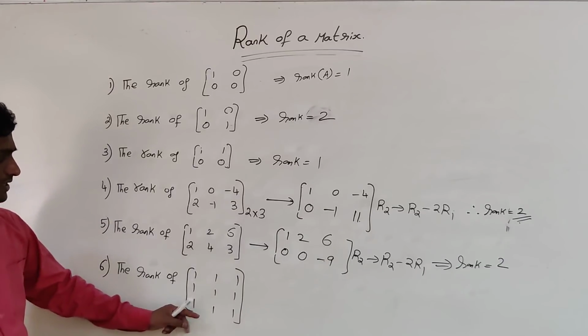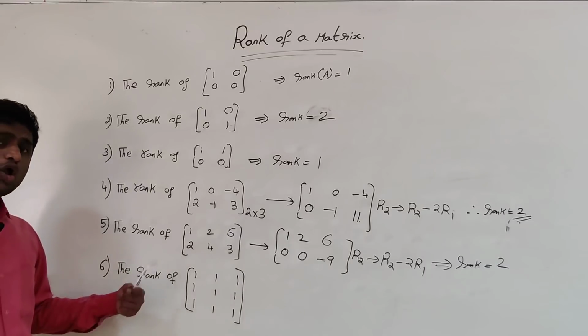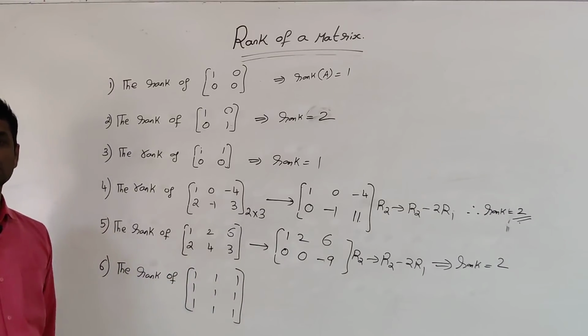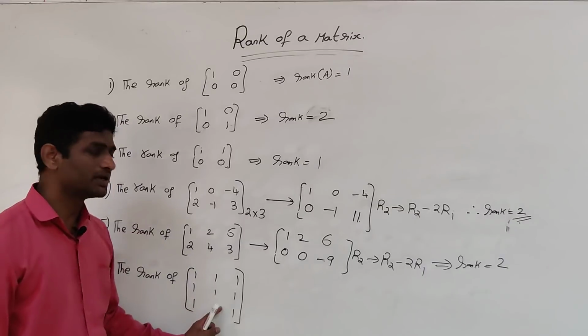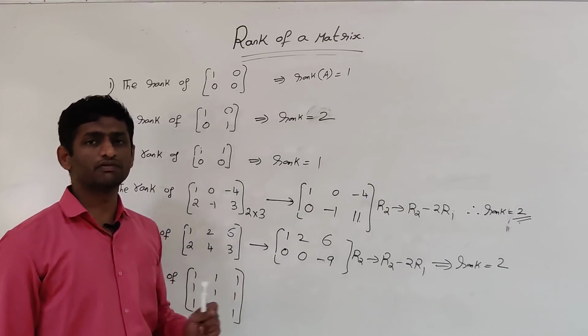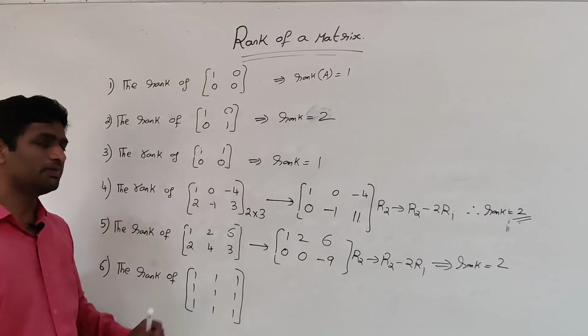So it is a singular matrix and all 2 by 2 submatrices are also singular. If the matrix is singular, then we have to go for 2 by 2 or 1 by 1. If all 2 by 2 are singular, then the rank will be 1.